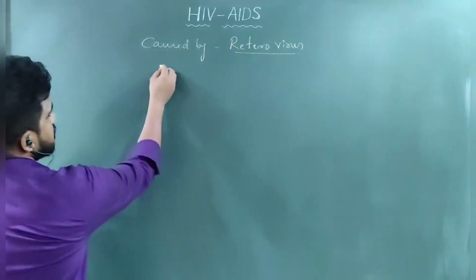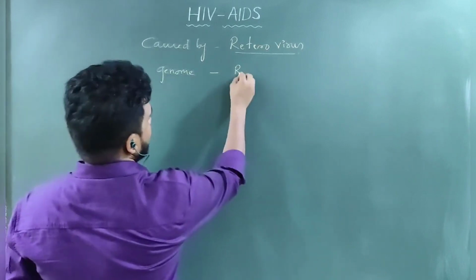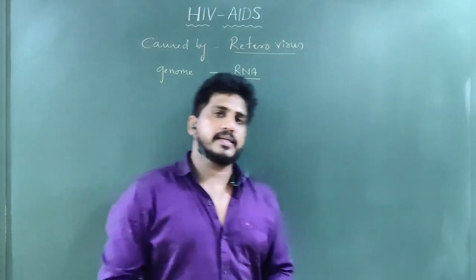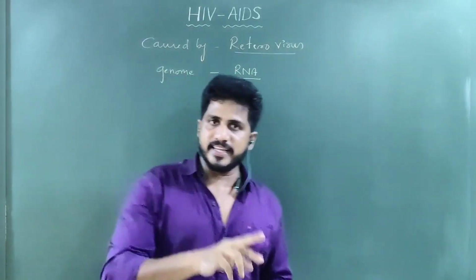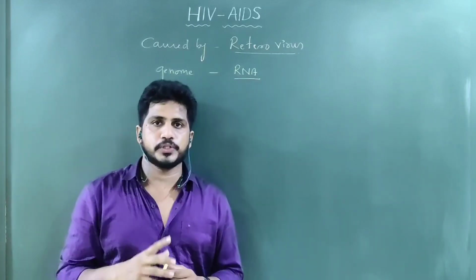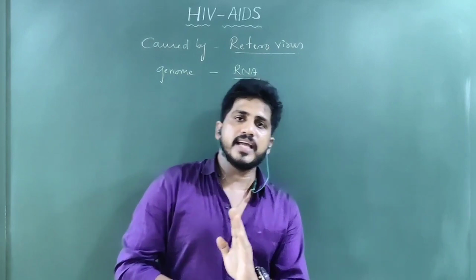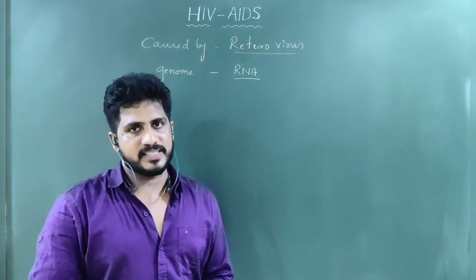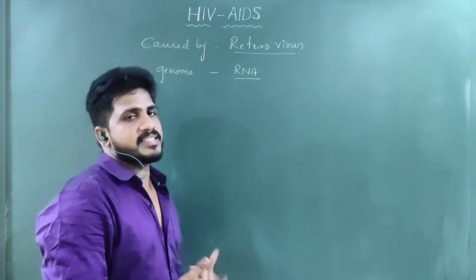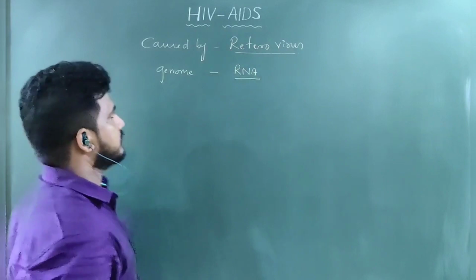Viral particles consist of either DNA or RNA, apart from a protein coat. So according to the genome, viruses are of two types: DNA viruses and RNA viruses. As RNA is the genome of HIV, it is an RNA virus, and it is also in the group of retroviruses.